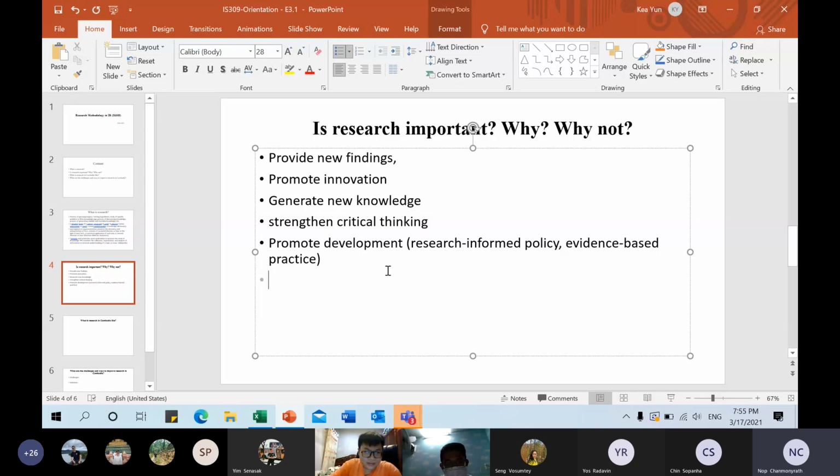Yes. Okay, new discovery, right? You're right. Yes. It is important because it can test the validity of previous research. Okay. Testing validity of previous research.